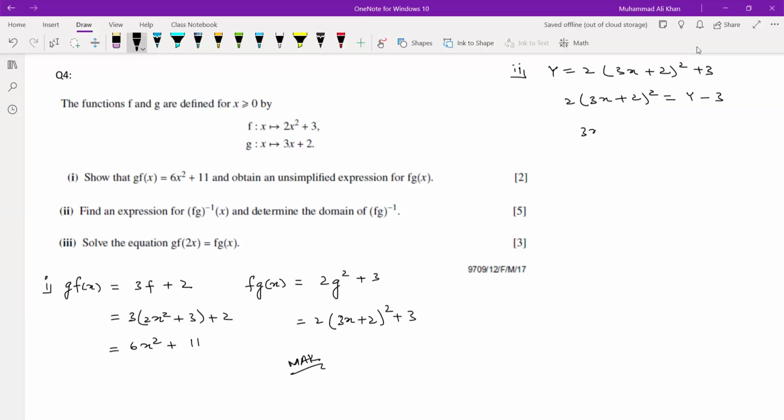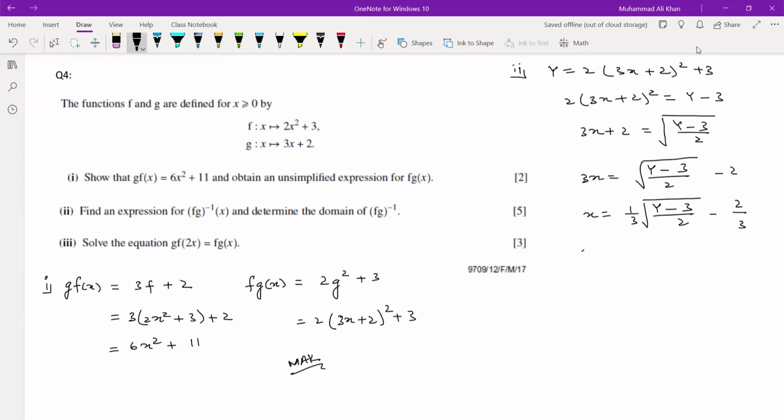So 3x plus 2 equals to under root y minus 3 divided by 2, and 3x equals to under root y minus 3 over 2 minus 2, and x equals to 1 over 3 times the first term y minus 3 over 2, and the second term is 2 over 3.